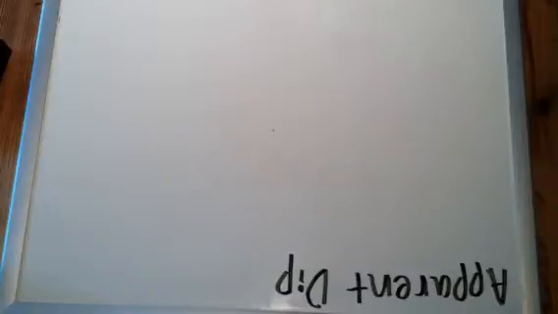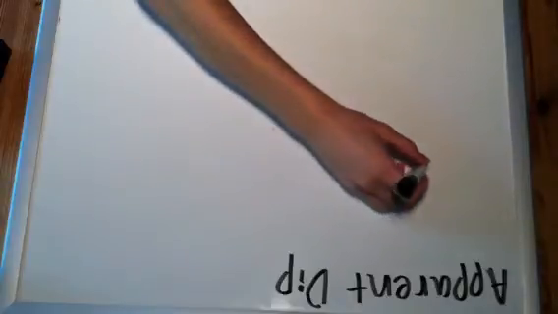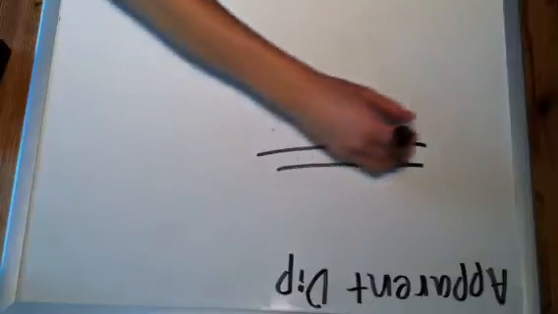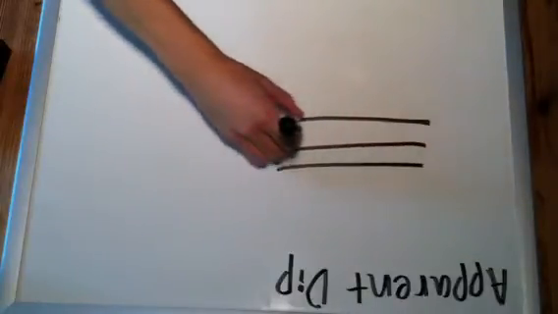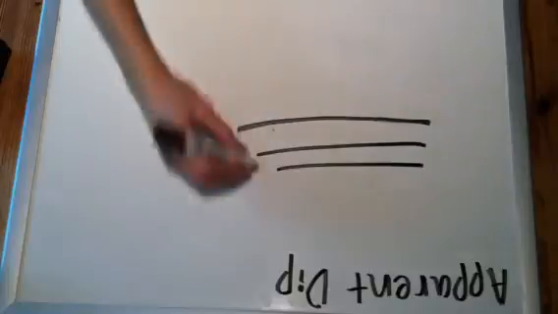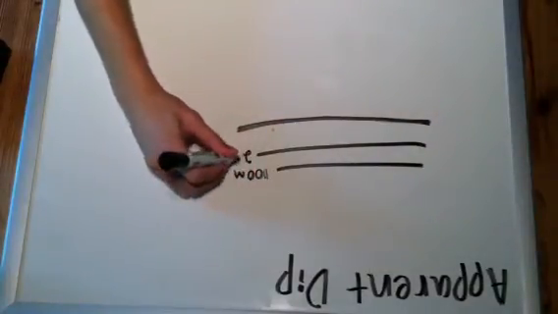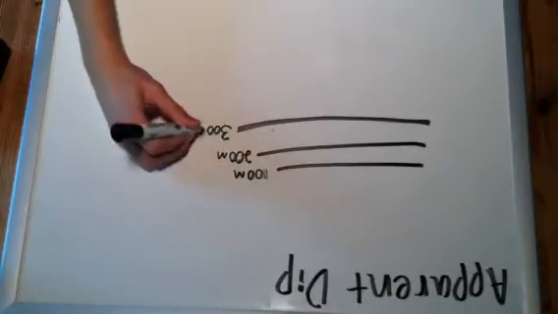Let's just say we've got any generic surface, and we've got 3 contour lines here. And we'll say that they increment by 100 meters, why not? So this is 100 meters, this is 200 meters, and this is 300 meters.